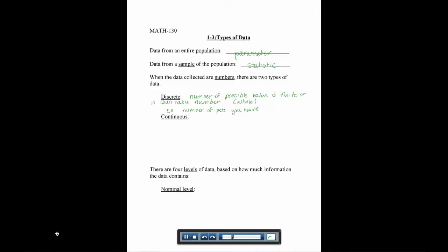Now, other things like measurements could have not just whole numbers, it could have fractions or decimals. And so continuous is when we have measurements that can assume any value over a continuous span.